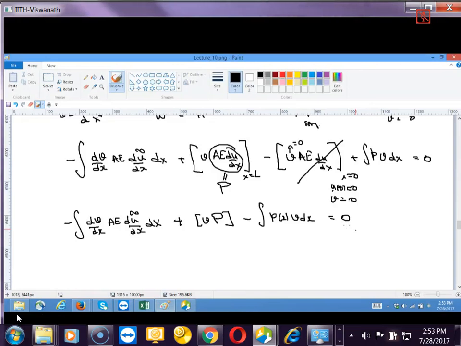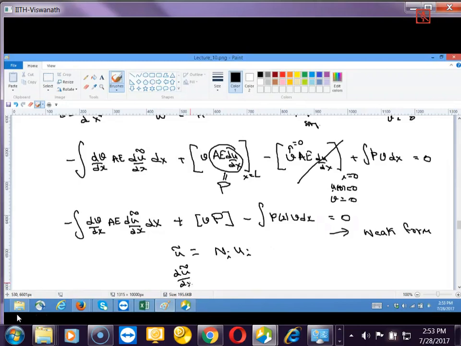Now we already know that our u tilde is equal to Ni ui, and du tilde dx is equal to dNi dx ui. Then what is v?